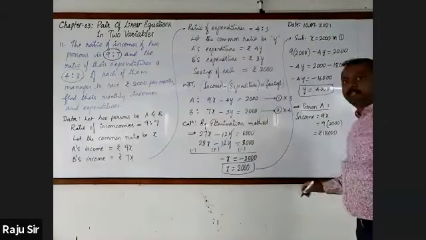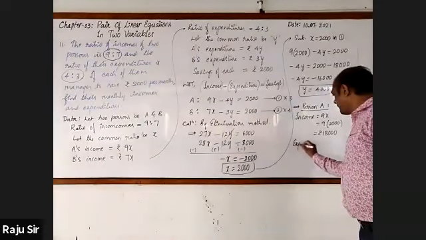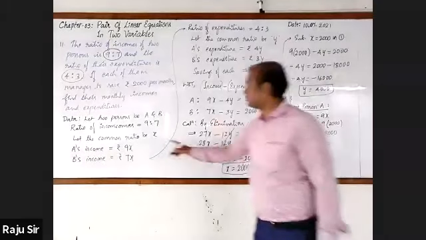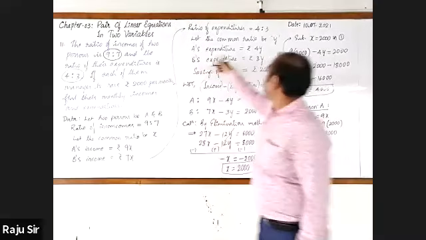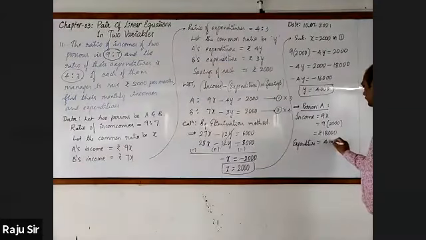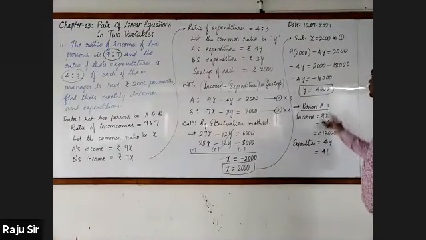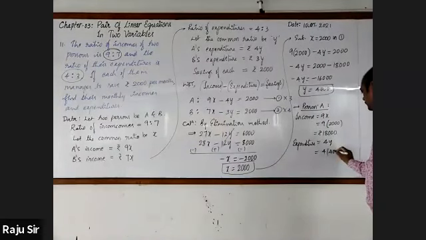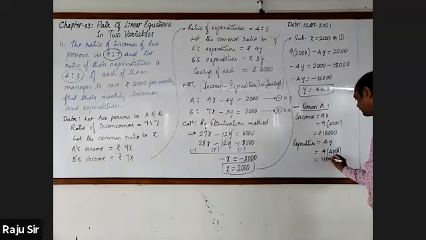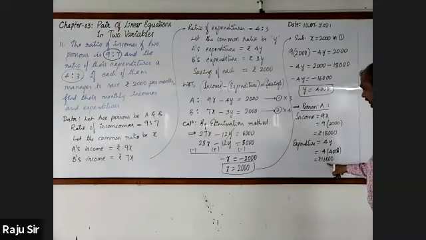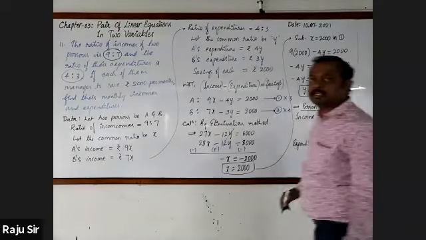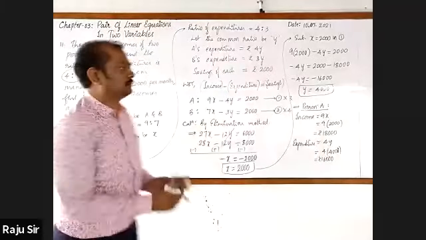And his expenditure is 4y. 4 into y, where y is 4,000, is equal to 16,000. Income 18,000, expenditure 16,000. Obviously, savings will be 2,000.